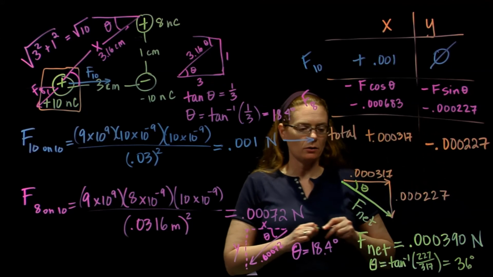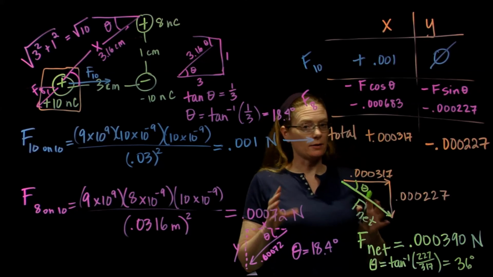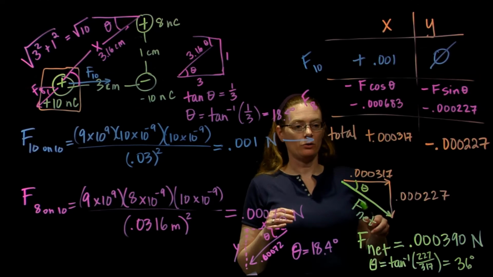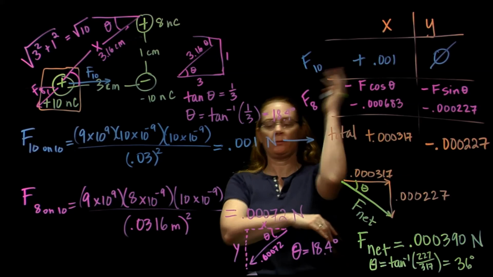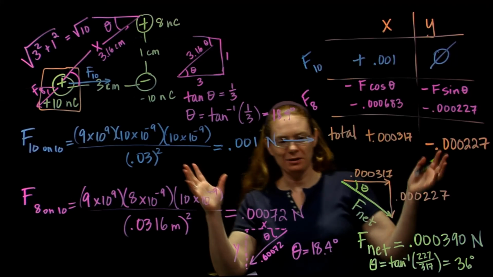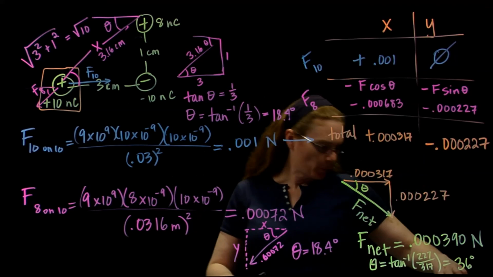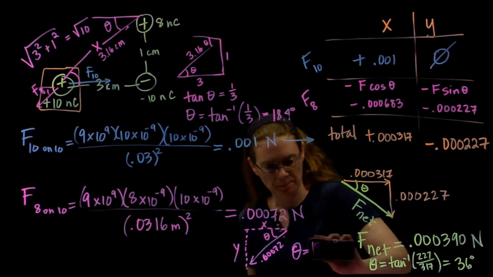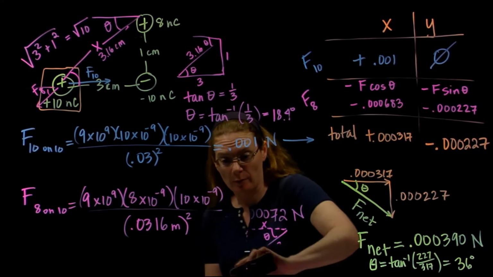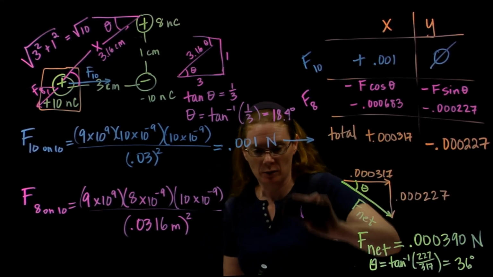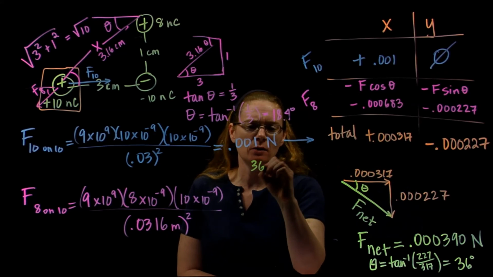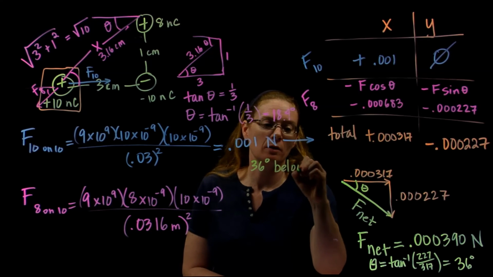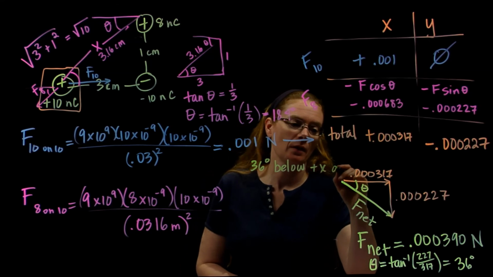Now, 36 degrees alone doesn't tell me what direction it is. So just saying it's at 36 degrees, not helpful. It could be 36 this way, 36 this way, 36 this way. I need to know more than that. So the proper answers for this one, there's a bunch of different formats it can take. I'll give you an example of different ones. It's 36 degrees below the positive x-axis. That would be one way.